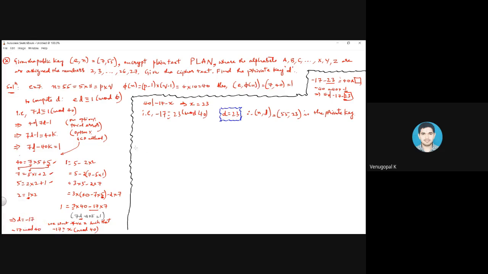Now the next thing is to give the cipher text using this for the plain text plan.